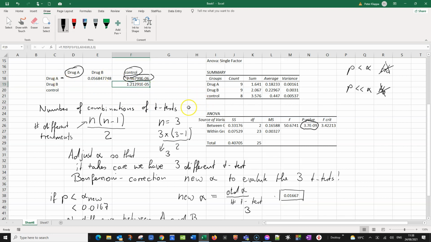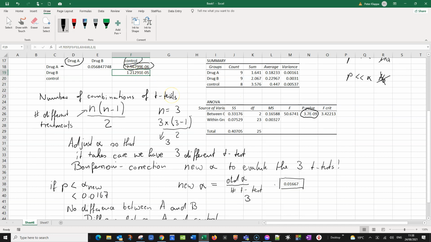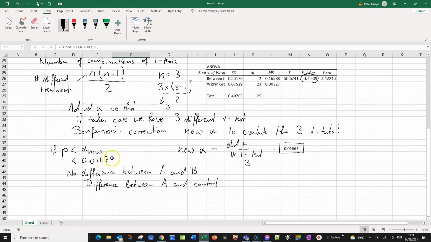If we look at the difference between drug B and control, again we see a lower p-value than 0.0167, the Bonferroni corrected alpha. So we also see a difference between drug B and control. What we can tell from this is that there is no difference between the two drugs, but both drugs are different from the control.